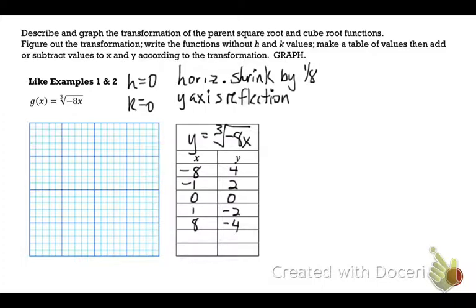All right. So I'm going to put my x and y axis right in the middle, and just go by my normal scale. So my first point is at negative 8, 4.